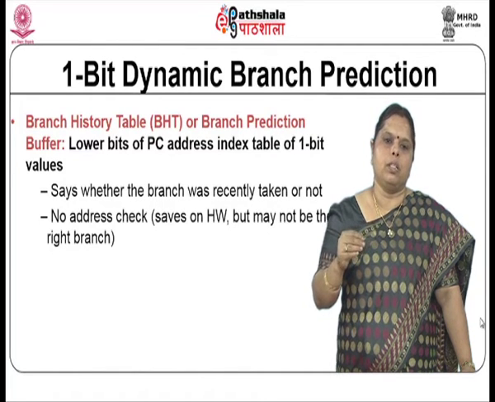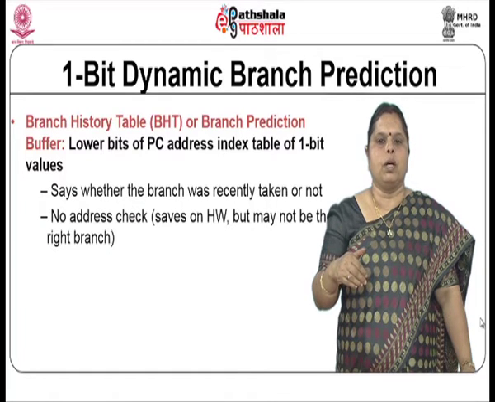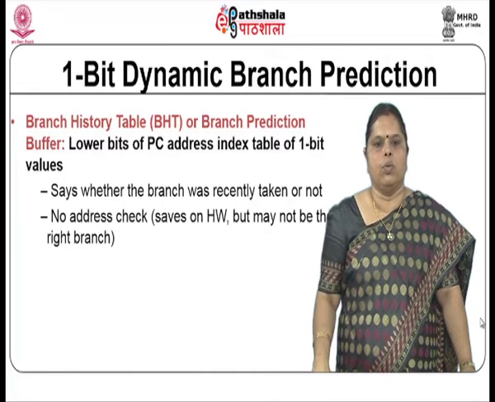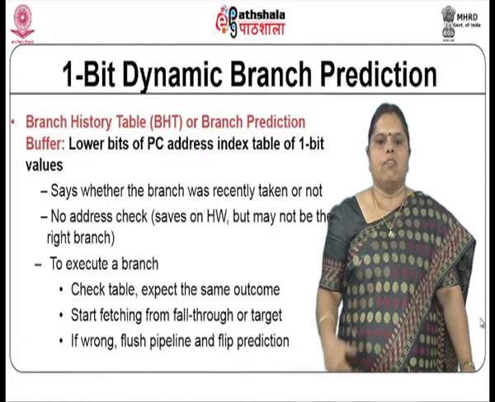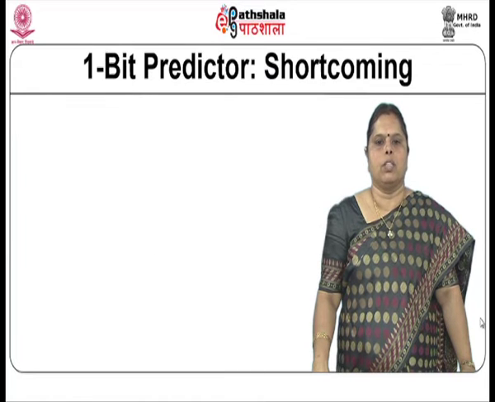So, the branch prediction buffer earlier pointed to a wrong prediction. In a 1-bit dynamic branch predictor, every time you do a misprediction, you are going to change the prediction so that the next time it is going to give you the other prediction. It flips. So, that is what happens in the case of your dynamic branch prediction.